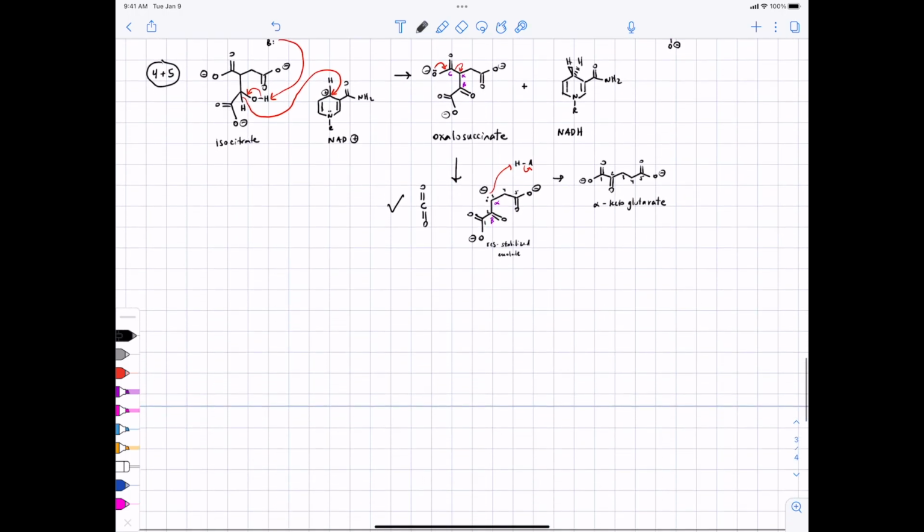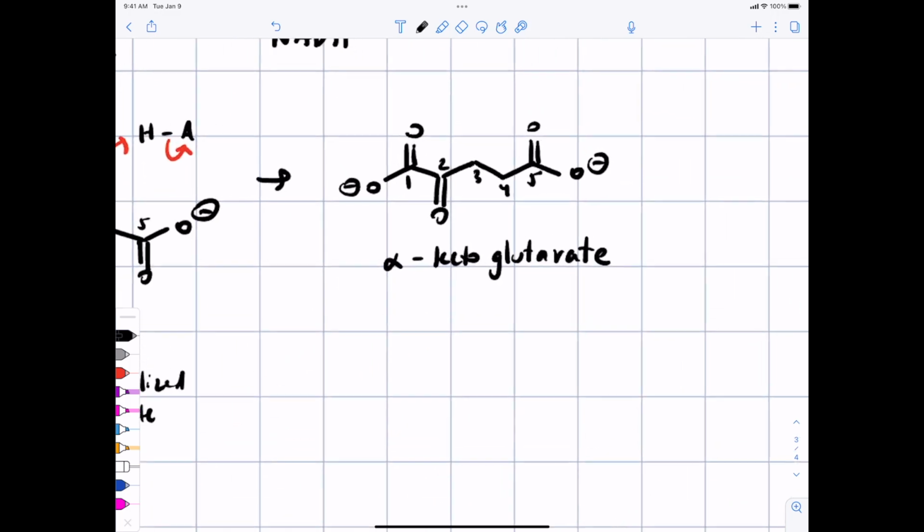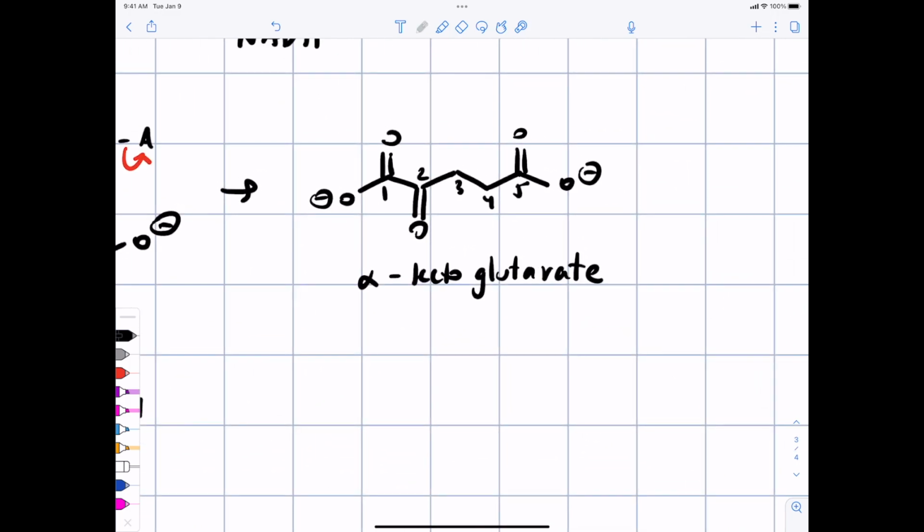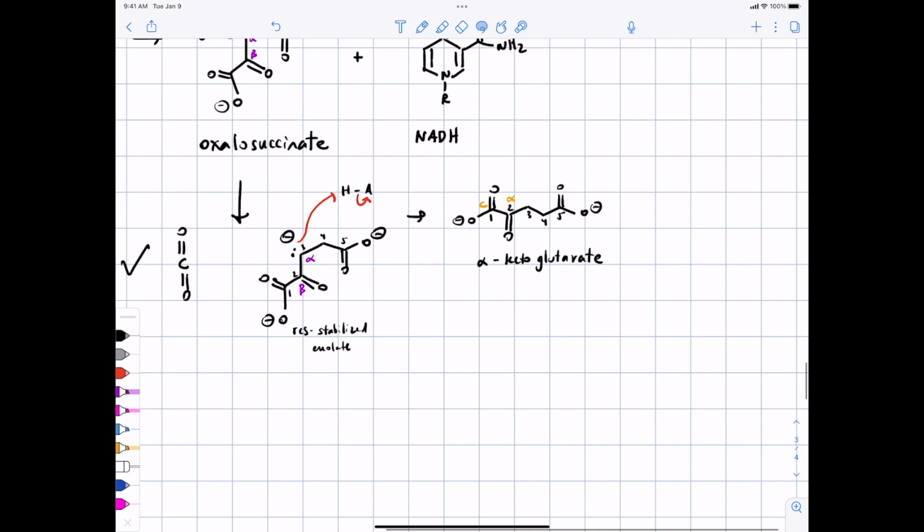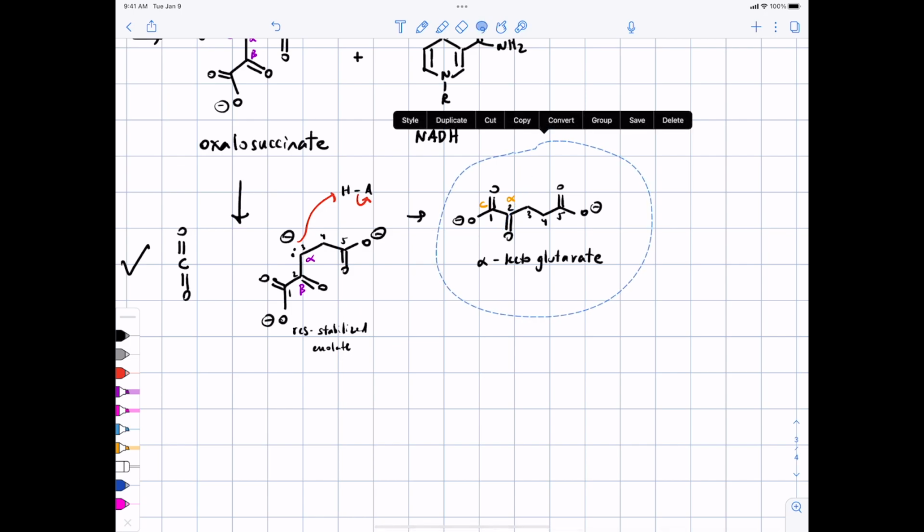Okay, step 6 is going to be, notice that alpha-ketoglutarate, this was our orange carbonyl group. This is an alpha keto acid, so it's already set up to do the second, the more difficult decarboxylation step.